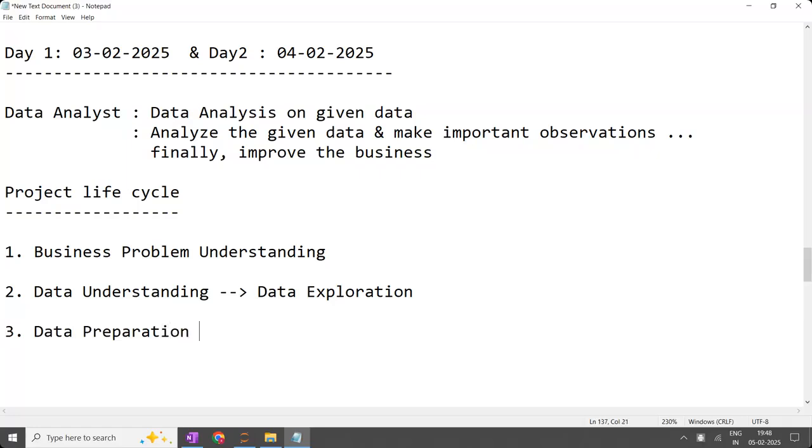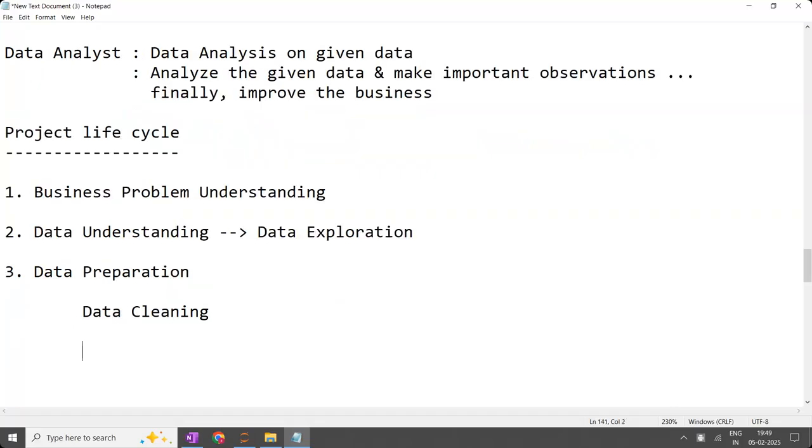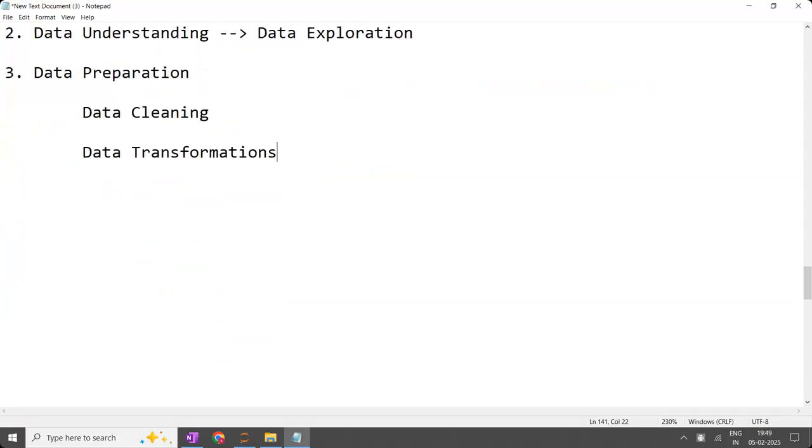Within data preparation, data cleaning will be done, any kind of data cleaning. And if any data transformations are required, converting from one format to another format is called data transformation.